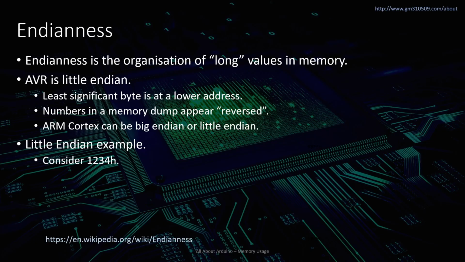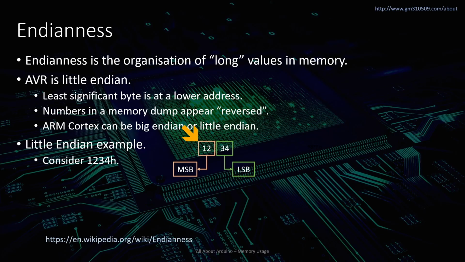So let's look at an example, and we'll consider the hexadecimal value 1234, which would be 2 bytes. Okay, so there's our 2 bytes, 1, 2, I'll say 12, and I'll say 34 just for convenience. So of these 2 bytes, 12 is the most significant byte and 34 is the least significant byte. Why is that? Well, because if we add 1 to this, that only adjusts the number by 1 in decimal.